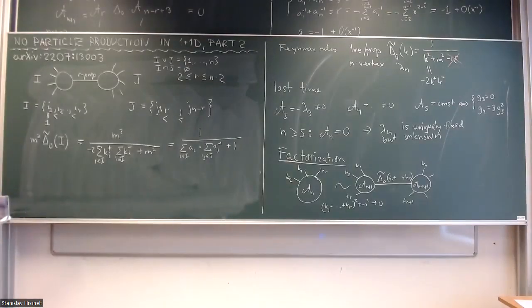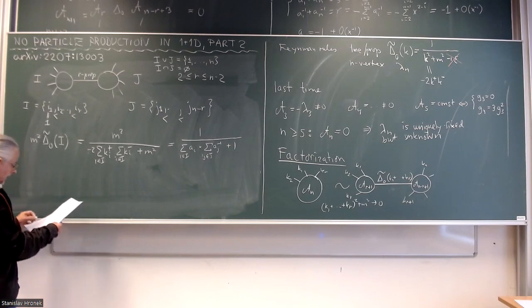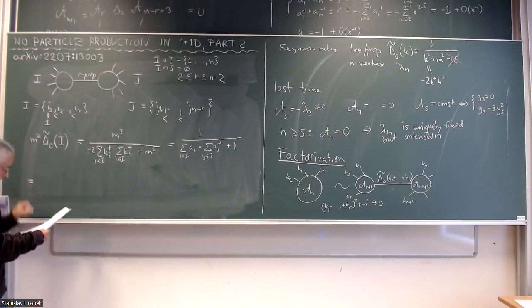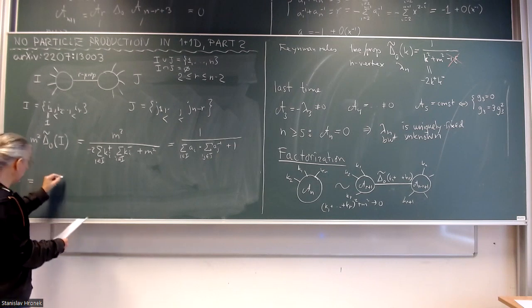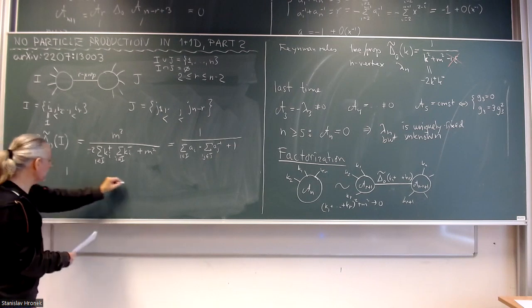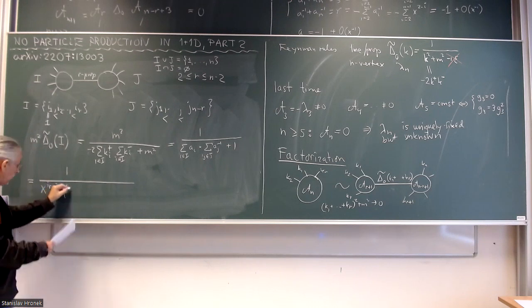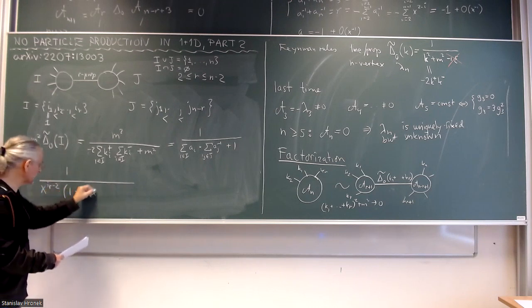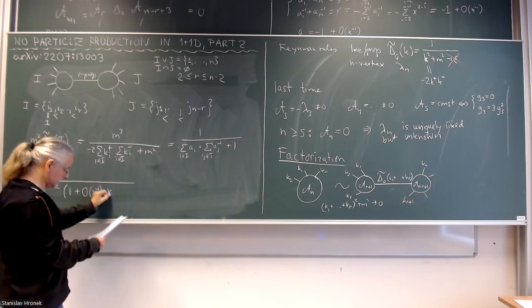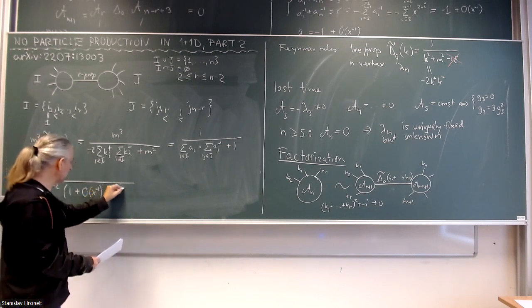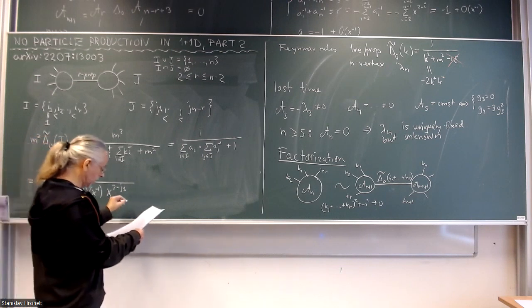So now we insert this multi-Regge limit, and so this will become something like 1 over x_r minus 2, 1 plus O of x minus first, x 2 minus j1 plus 1.